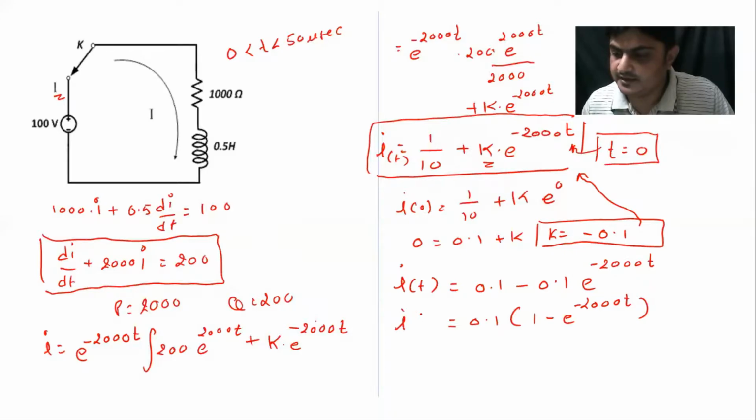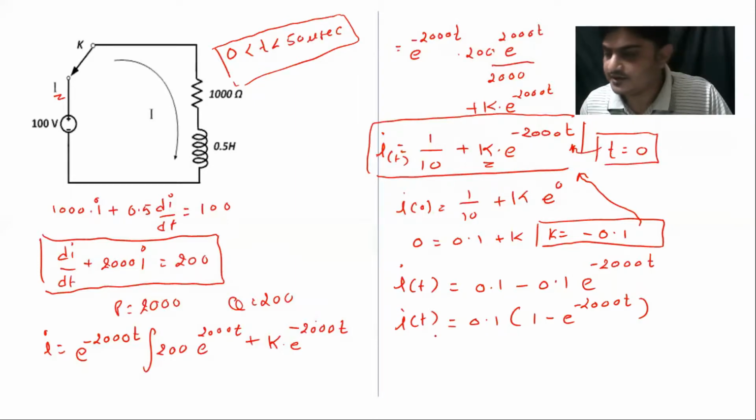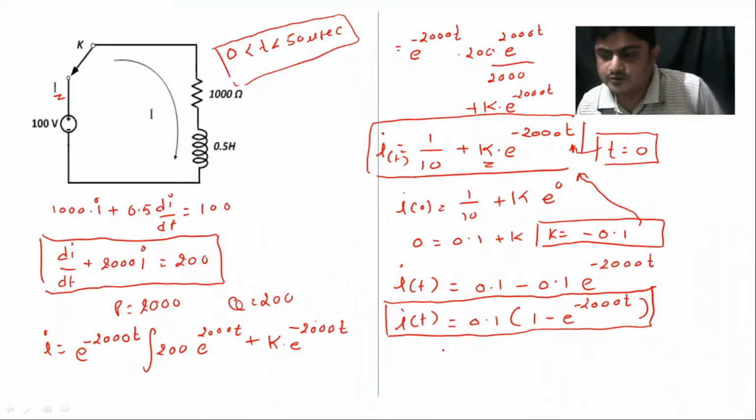This is my equation for the current. This is my particular solution for the duration 0 less than t less than 50 microseconds. This is quite simple, right?